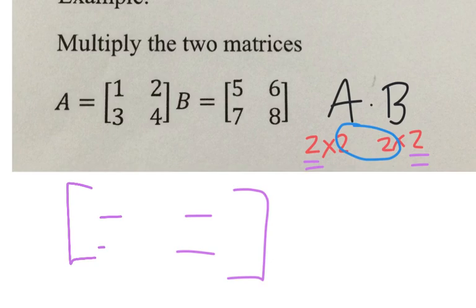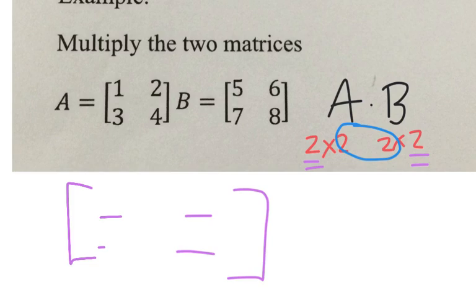We are keeping the rows from A and the columns from B. So when we do the multiplication, we want to multiply the rows from A by the columns from B. So I'm going to multiply the first row in A by the first column in B. And guess what position that goes into? First row, first column. Because I multiplied the first row by the first column.